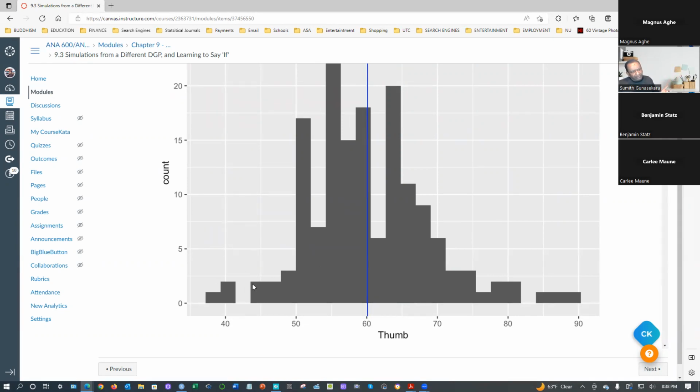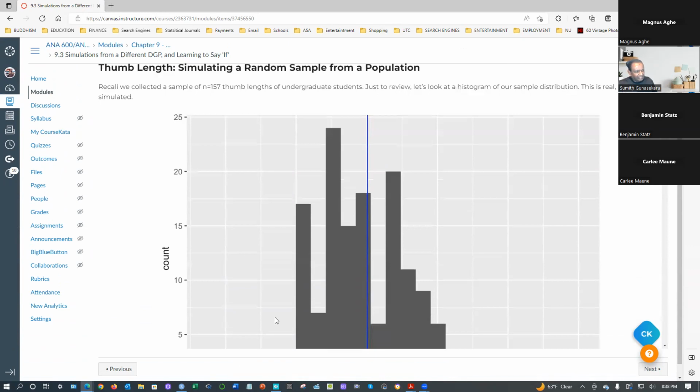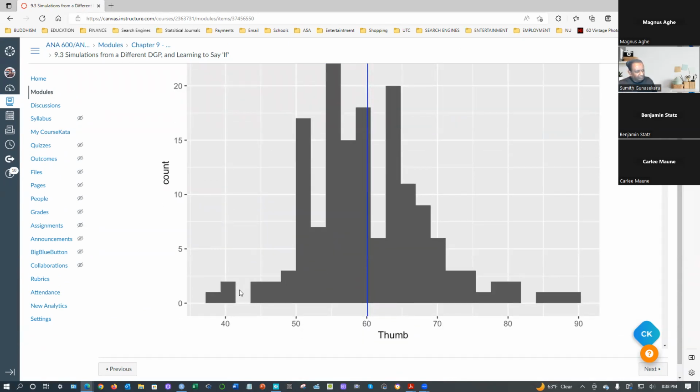Yes, it looks like a normal. If you increase the sample size, which is 157, and keep increasing it, like 1,000 students, 10,000, a million, then it systematically gets a rough idea and these gaps will be filled in.